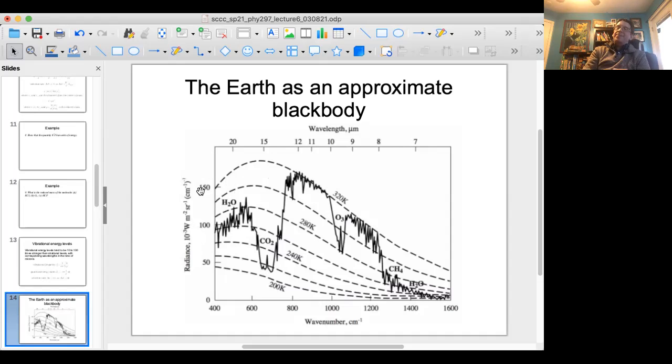If you do it in watts per square meter per wavelength, the peak is actually shifted lower as far as wavelength goes. You would use Wien's law in that case to figure out the peak wavelength. Beyond the CO2 absorption band, you have another H2O absorption band.